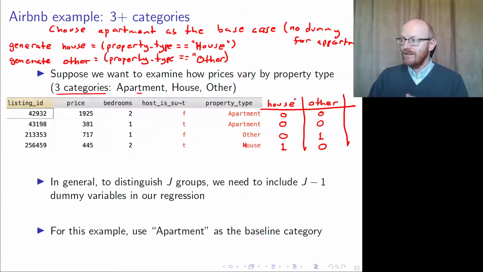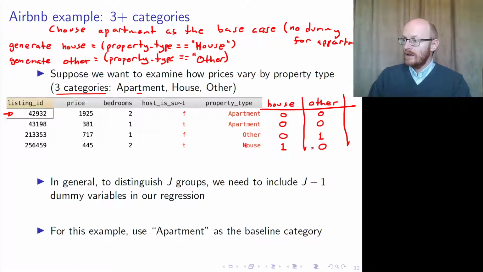But we only need these two dummy variables, because immediately you see that, well, if you have an apartment, then house is 0 and other is 0. So from these two variables, you can actually tell if the data listing is an apartment, an other kind of property, or a house.